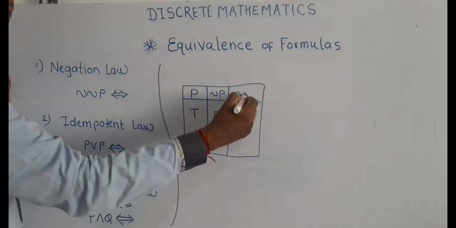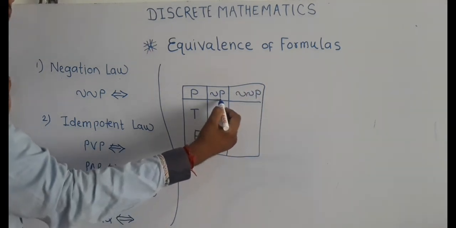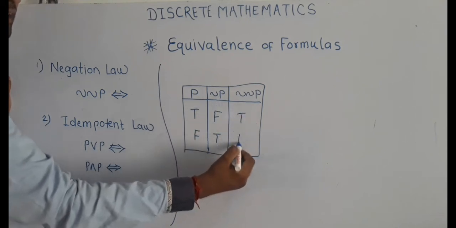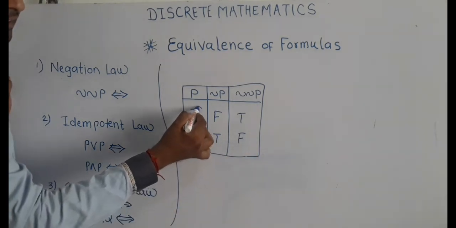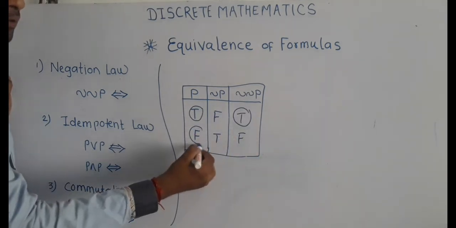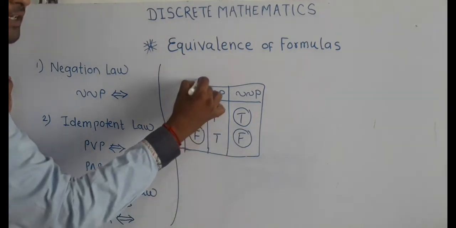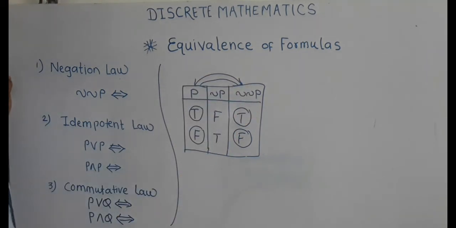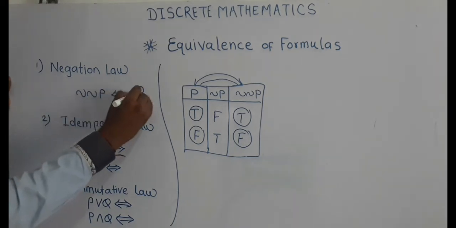Then if we find the negation of not P, if not P is F, then it will be T, and if not P is T, then it will be F. That means from this truth table we can say that if P is true, not not P is true, and if P is false, then not not P is false. We can say that P and not not P are logically equivalent. That's why the negation law says that not not P is logically equivalent to P.